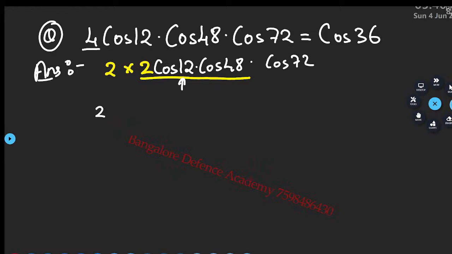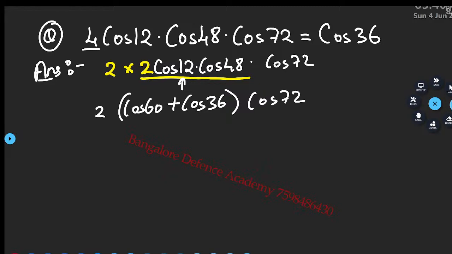So what happens here? What you get? 48 plus 12, cos 60 plus cos 36. This you get like this. Okay, and this is cos 72. Now you multiply this 2 here inside.